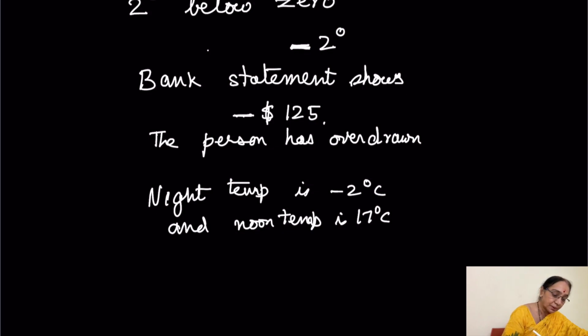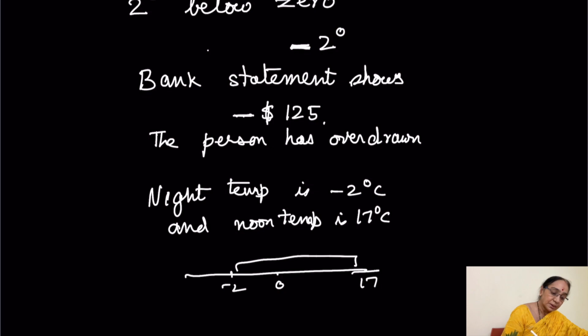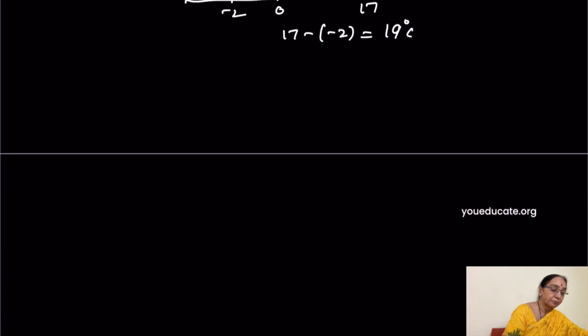You can see on the number line from minus 2 it has gone to 17. So the change is 17 minus negative 2. That is opposite of 2, which is 19. So the change in temperature is 19 degrees centigrade.